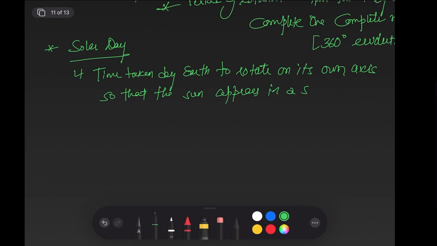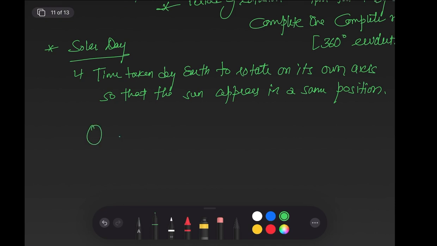Your question will be, Sir, if the Sun comes to the same position, then normally that is what happens, right? When Earth rotates, the Sun comes to the same position after one rotation, right? No, the concept is that when the earth is rotating, it's also revolving around the sun. So the position today of the earth around the sun is not the position tomorrow. It revolves and the position of the earth changes.